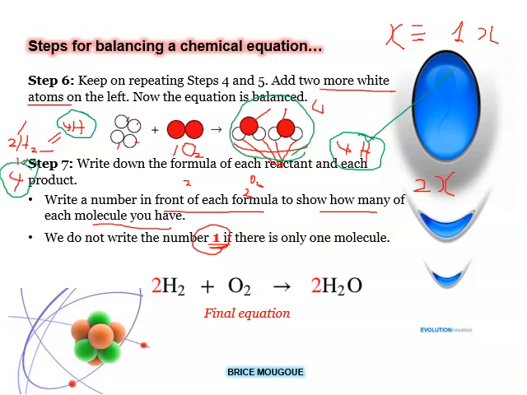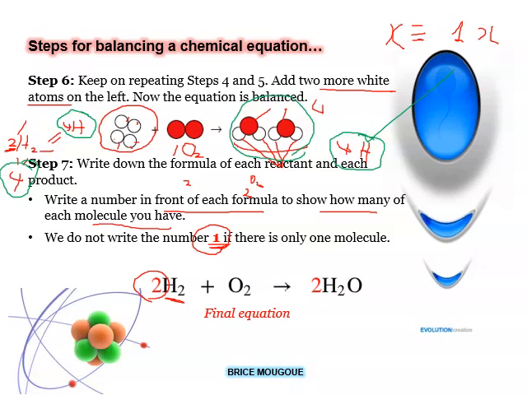The same thing applies here for oxygen. It's supposed to be 1 here, but because 1 is silent, we don't write it out. So when we write down the numbers in front of each formula, if you remember when I was talking about hydrogen, I said hydrogen is diatomic. So when we see 4 atoms, it means there are actually 2 molecules of hydrogen. I'm going to write 2 in front of hydrogen to say there's 2 of this type.